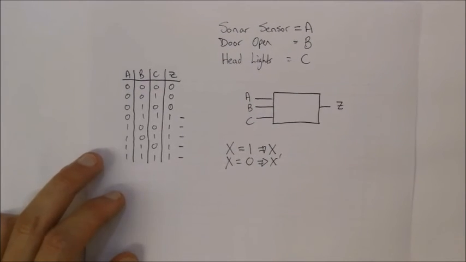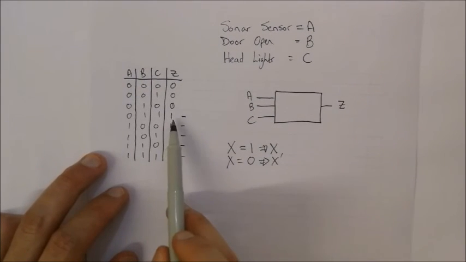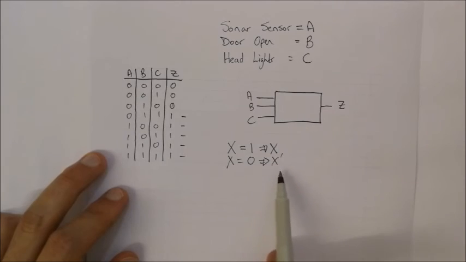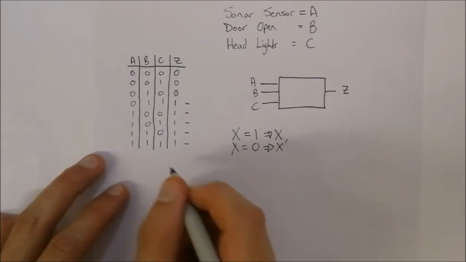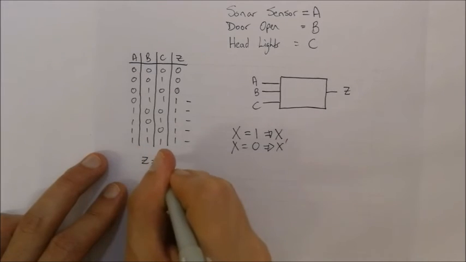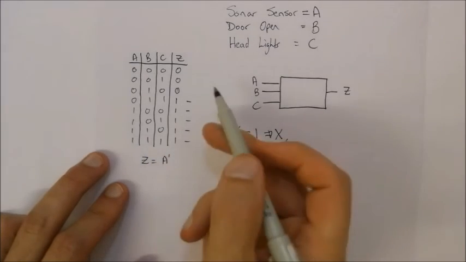So if you look at the first scenario over here where Z is equal to 1, we've got A is equal to 0. Because A is equal to 0, it will become an A naught. So therefore our expression, we can start writing that as Z is equal to A naught.